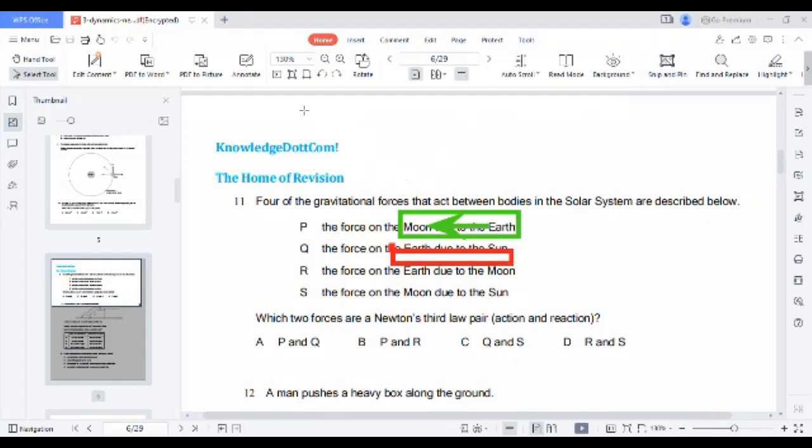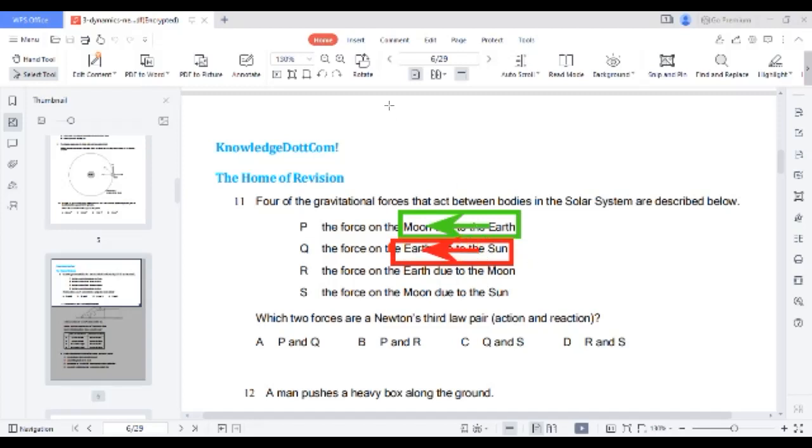This is not similar to the above one. It's between Earth and sun. On the Earth due to sun, it means sun is applying some force on it.